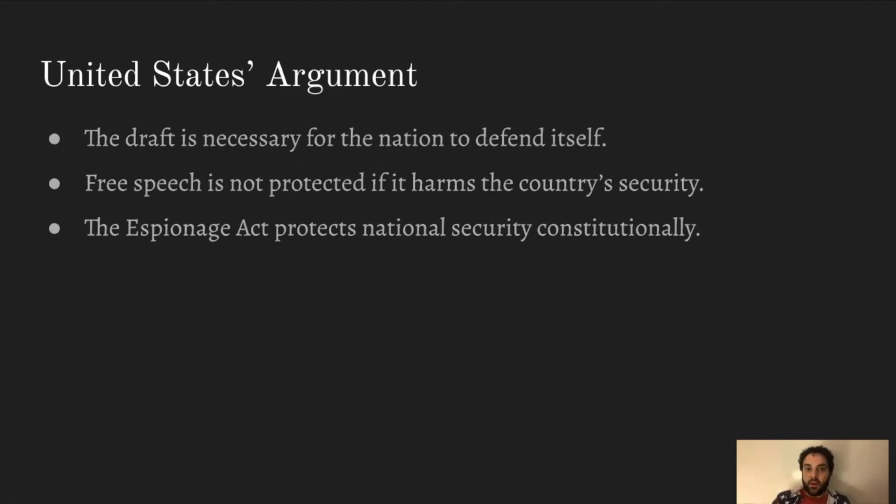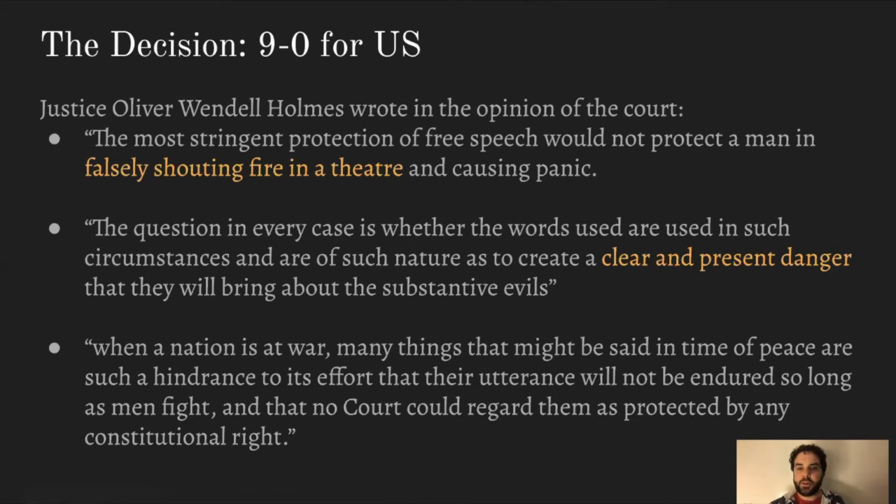In this case, the court should come down firmly on the side of security, and the primary and highest purpose of government is to protect its citizens, to maintain national security. And the Espionage Act was simply a means of letting the government carry out this role. And the court decided unanimously in favor of the United States.